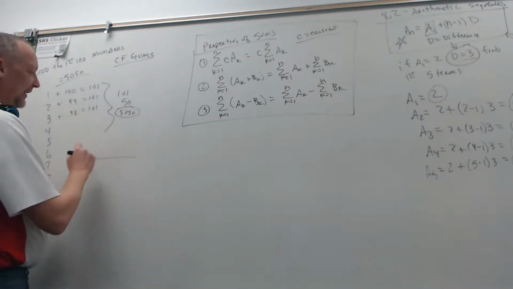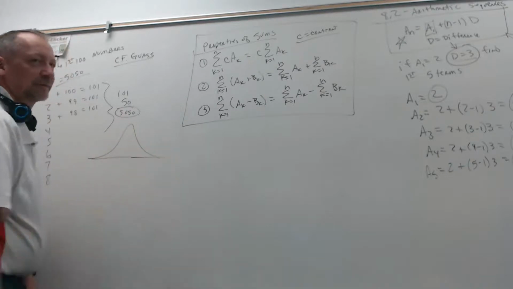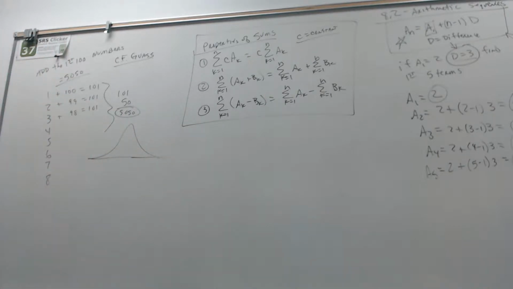The bell curve. He's the guy who figured out the bell curve. Same guy. So he was the one that figured this out. That's a freaking smart kid, right? But how does that work?